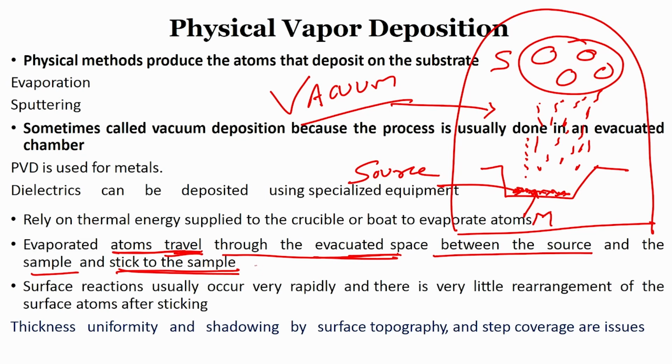Substrate and sample are one thing. So, the atoms are travelling through this evacuated space between the source and the substrates.